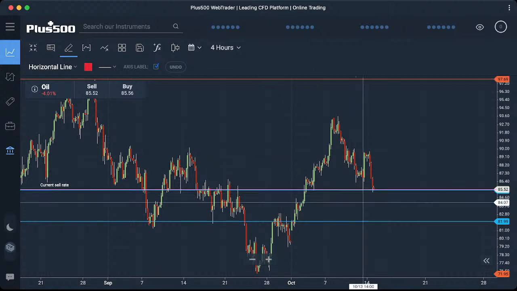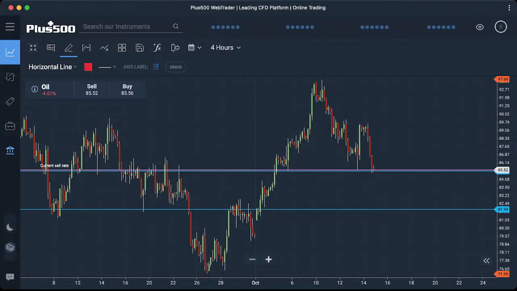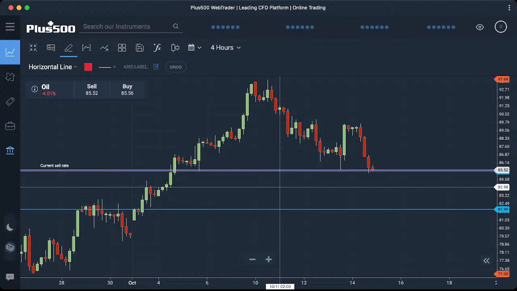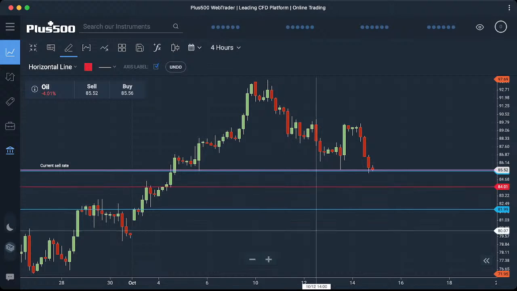So here in the 4-hour chart, let me just zoom in here, and I'm gonna put the red color exactly in this 4-hour bullish order block.